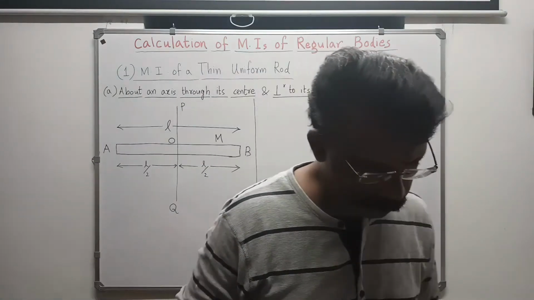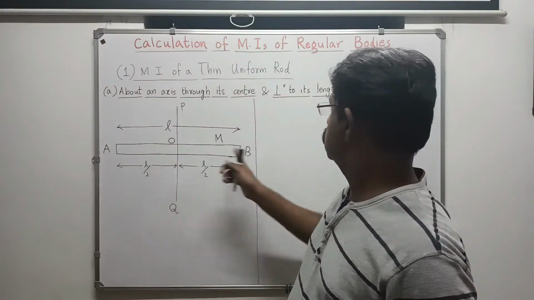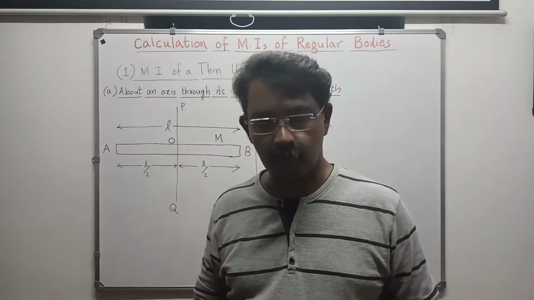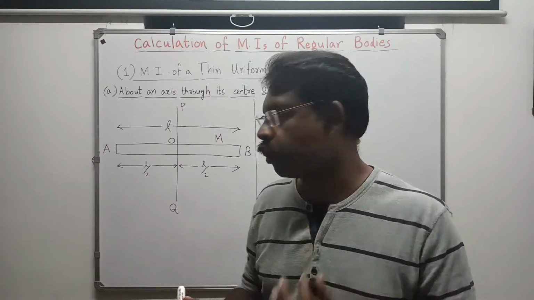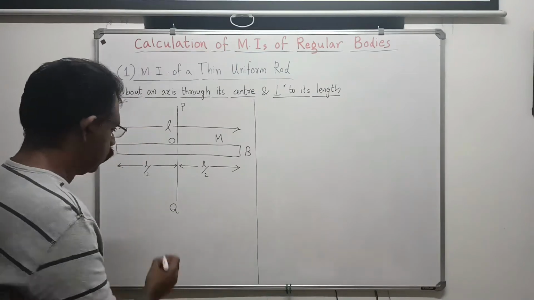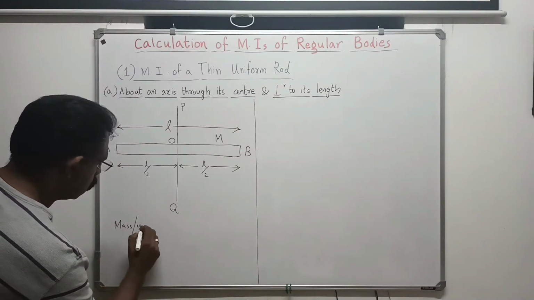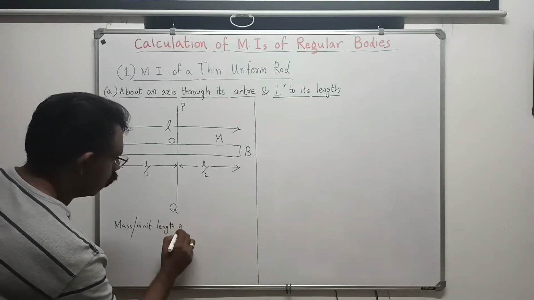In order to determine the moment of inertia of this bar or rod about this axis, the first step is always this: we take the mass per unit length of the rod.